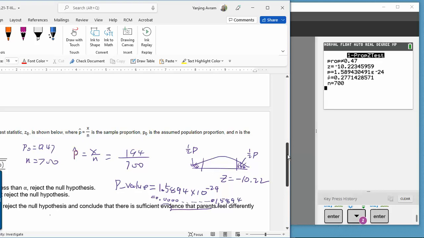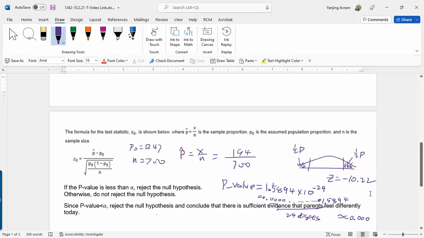If I just want to round to 3 decimal places, I get 0.000. Of course, if the electronic homework tells you to keep 3 decimal places, you cannot just write down 0. You have to write 0.000.